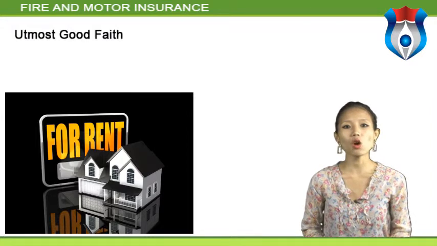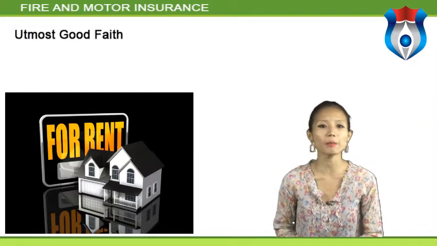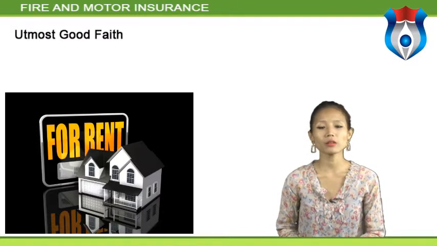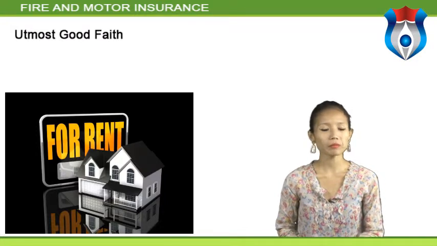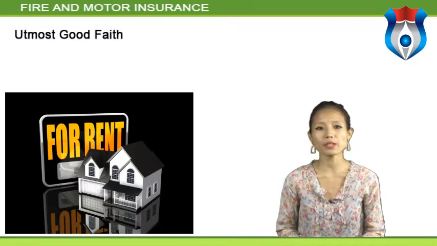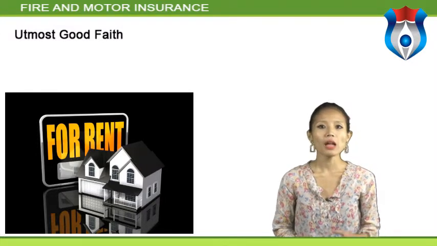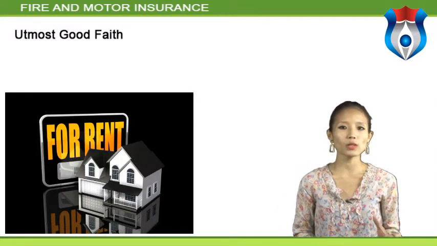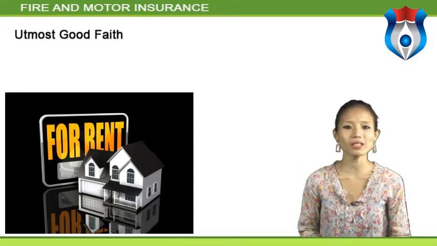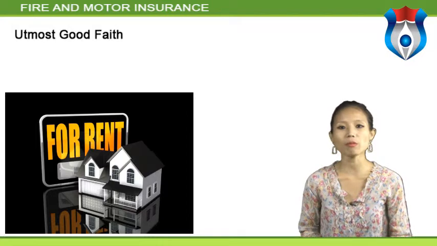The property owner must disclose all the relevant information to the insurance company while insuring their property. The fire policy shall be voidable in the event of misrepresentation, misdescription or non-disclosure of any material information. Example, the use of building must be disclosed, that is whether the building is used for residential use or manufacturing use, as in both the cases the premium rate will vary.